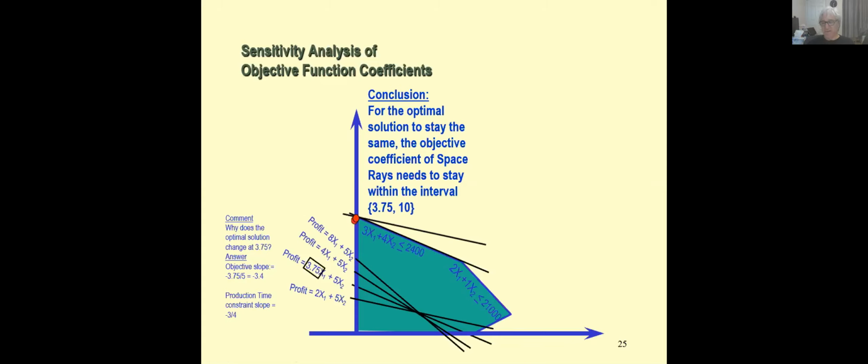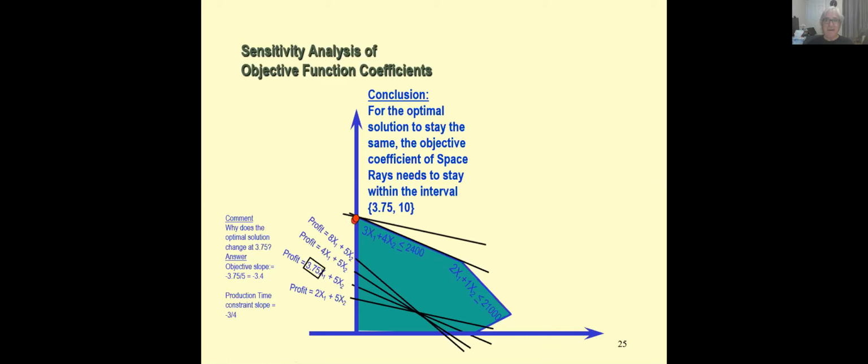So now you have a new situation. Between $3.75 and $10 profit of the space race per dozen, the old optimal solution remains unchanged. This range has a name. We call it range of optimality. And that's the observation I want you to see using the graphical approach.